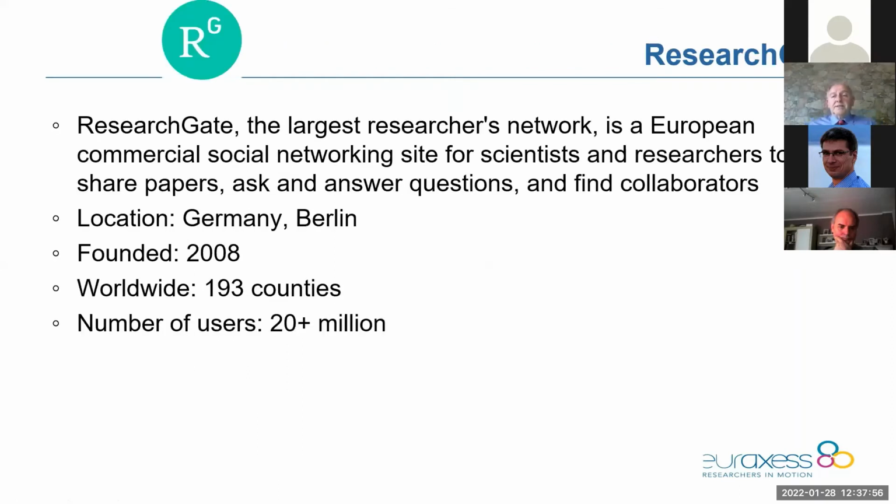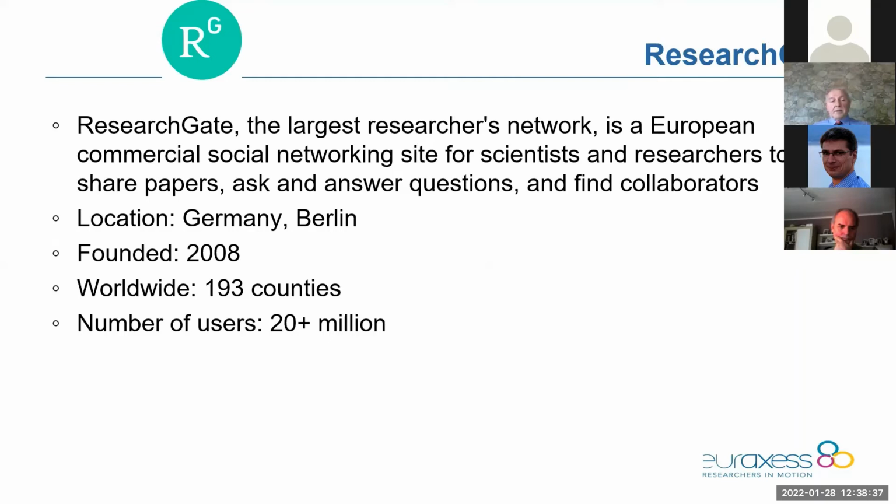So first is ResearchGate. ResearchGate is the largest research network. It is a European commercial social networking site for scientists and researchers to share papers, answer questions, and find collaborators. Most European researchers are using ResearchGate.